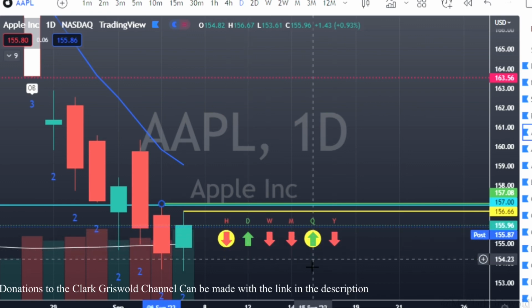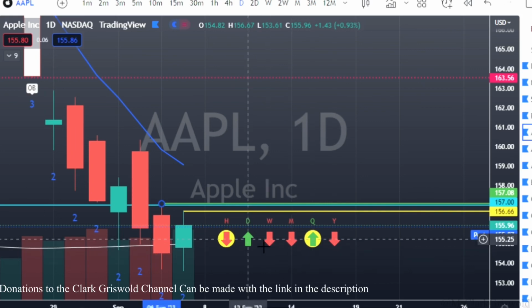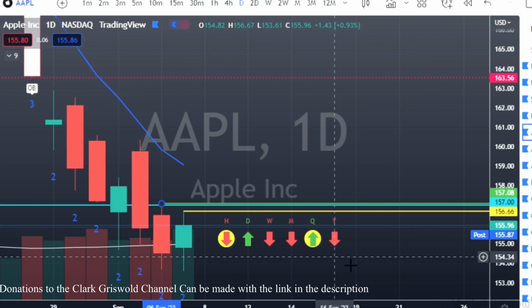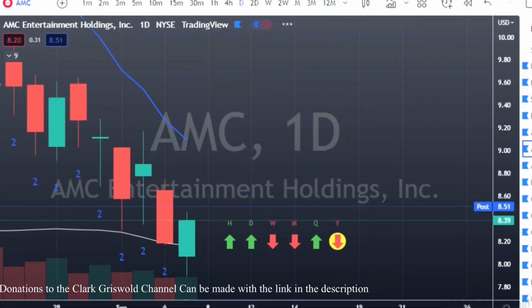And then we'll have the hourly, we'll have the daily, we'll have the weekly, and we'll have the quarterly. The month and the yearly will be red. But there's a little bit of conflict in what we're looking at in a lot of these plays, in some of the plays anyways. So calls at 156.66, and then again, our first target is just the top of the preceding candle.